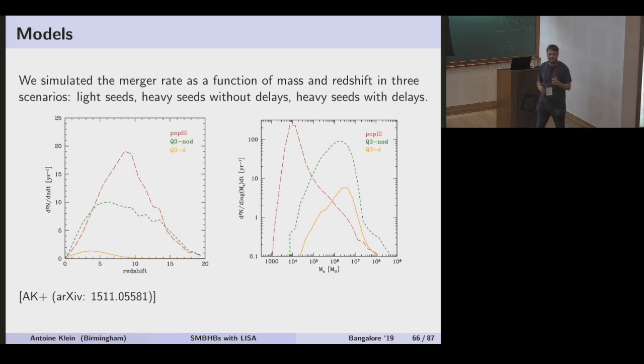So the rates are obtained from some simulation? Yes, these were obtained from galaxy evolution simulations. And the mass ratio is assumed to be like the black hole mass ratio? That depends.